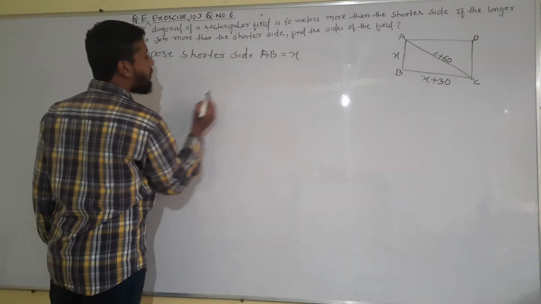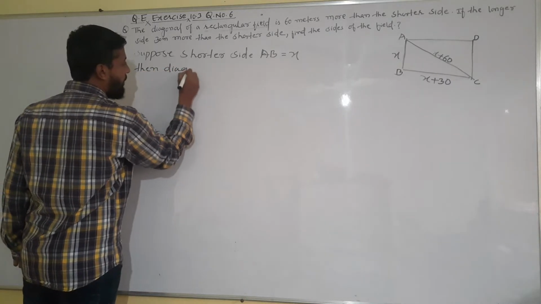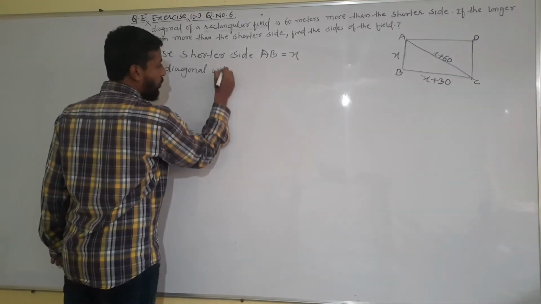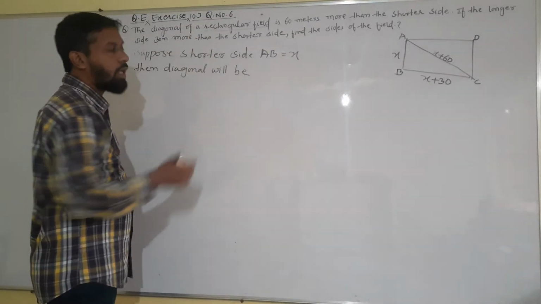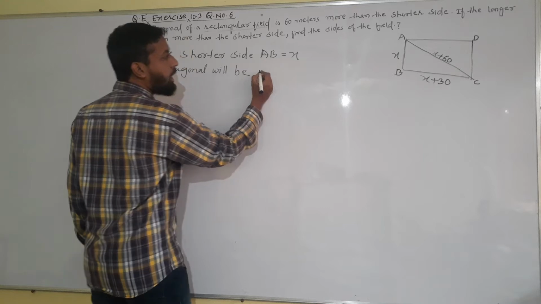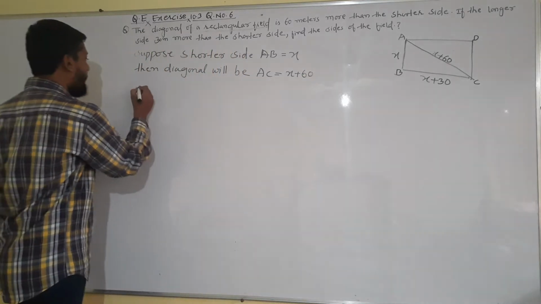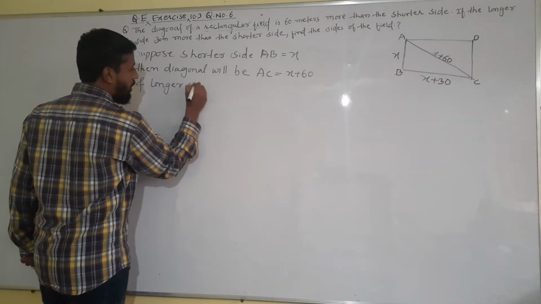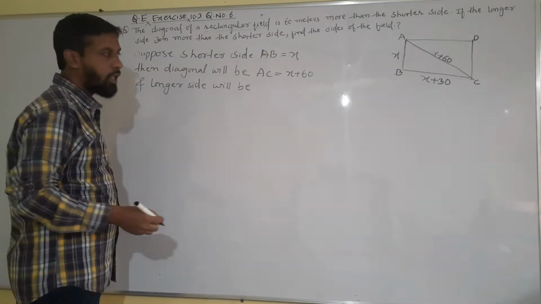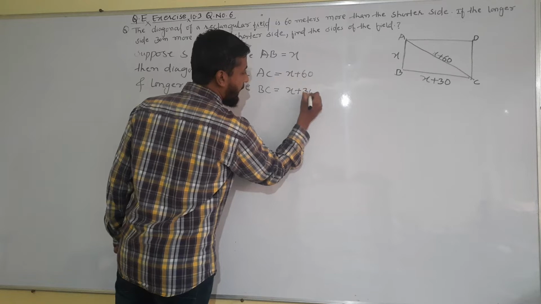Suppose shorter side AB is equal to x, then diagonal according to the question will be AC is equal to x plus 60 and longer side, this is also according to the question, BC is equal to x plus 30.